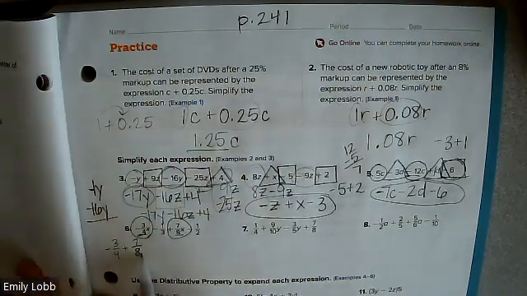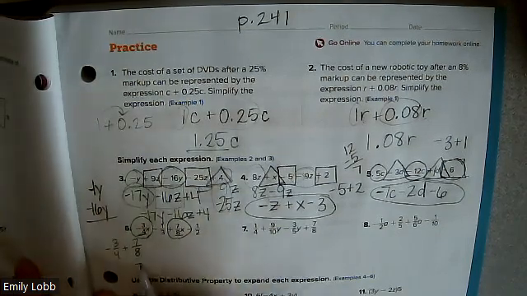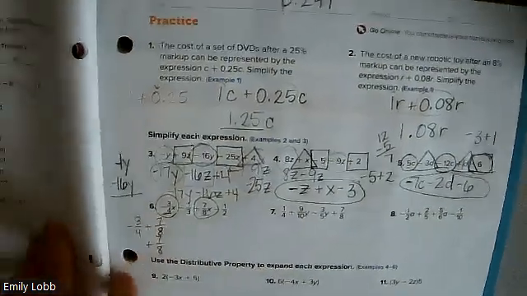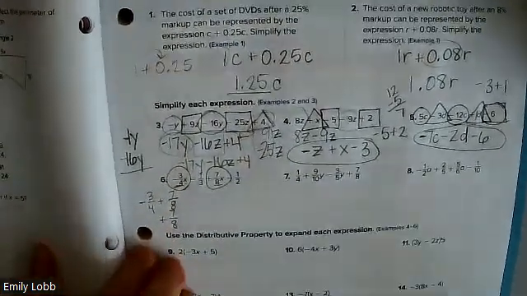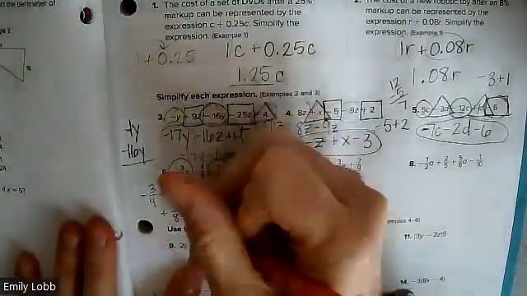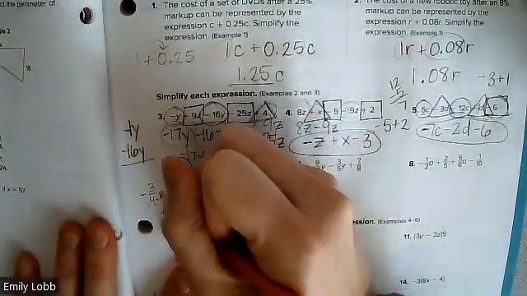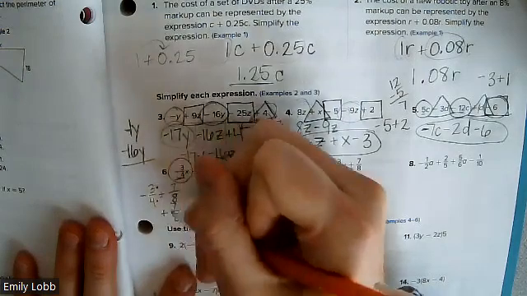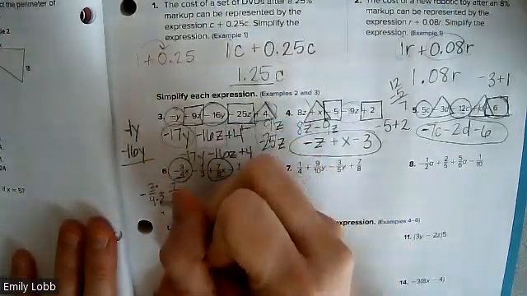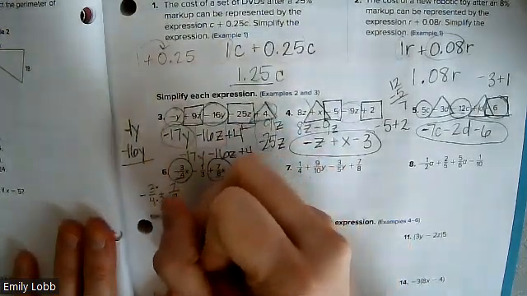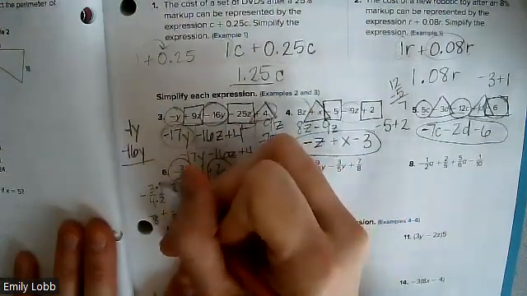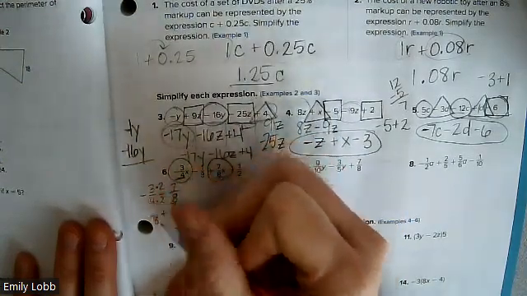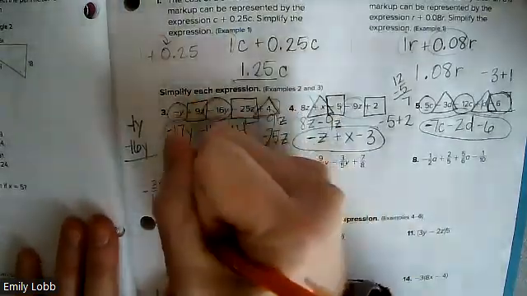Can 4 go into 8? Yes, so I'm going to leave this second fraction as is and change my first fraction into an equivalent fraction to 3/4, but out of 8. So if I multiply 4 by what to get 8? 2. So if I multiply the 4 by 2 to get 8, what do I have to multiply the 3 by? The same thing. What's 3 times 2? 6.